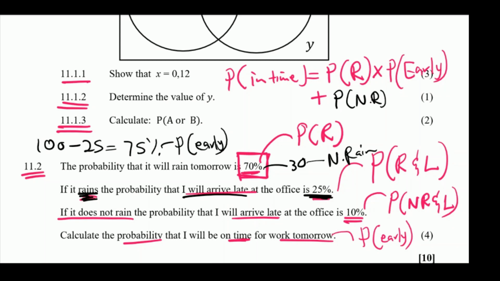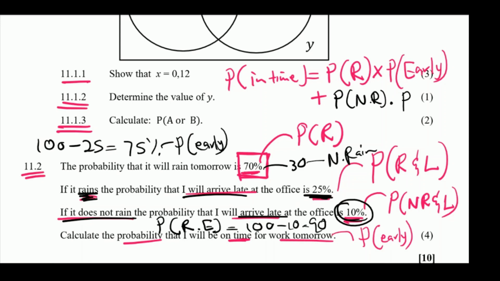Then you multiply with this portion here, which is 10% if it's not going to rain and you'll arrive late at work. So we only want the probability that you'll arrive early at work, which is 100 minus 10, so it's going to be 90.